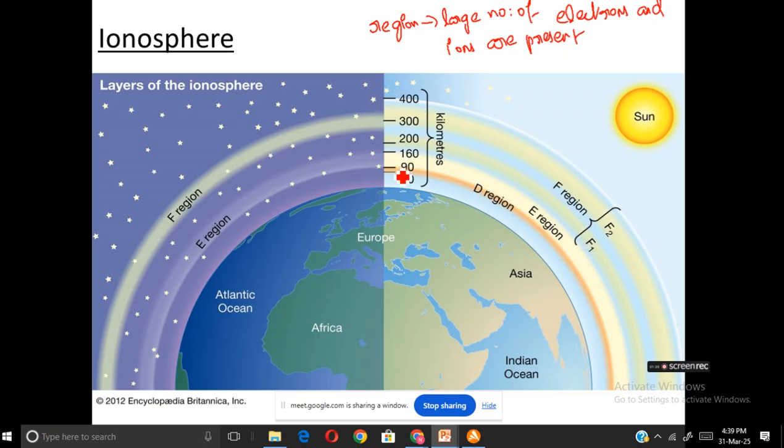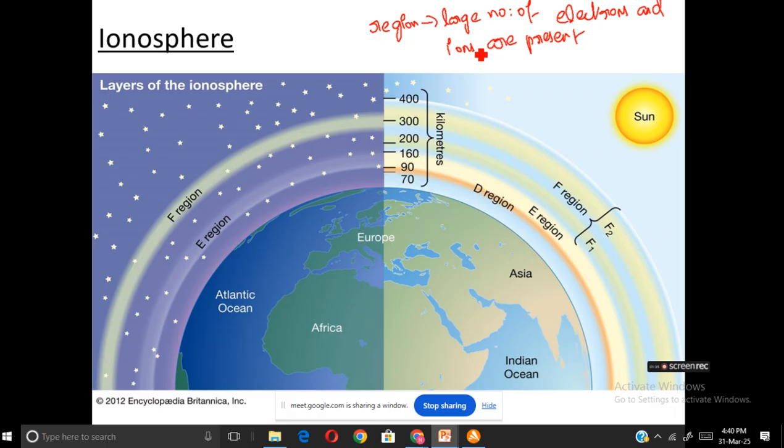This extends from around 60 km to 400 km in the atmosphere. When we look at the different layers in the atmosphere, it starts from the mesosphere and extends to the thermosphere or exosphere.